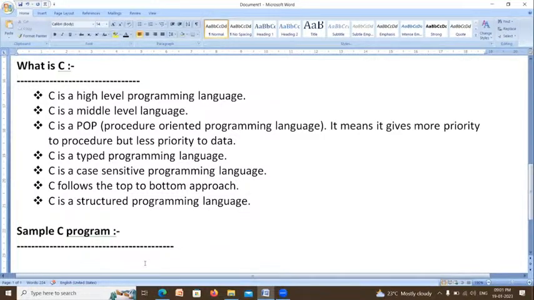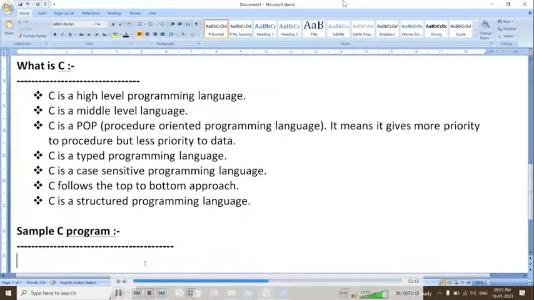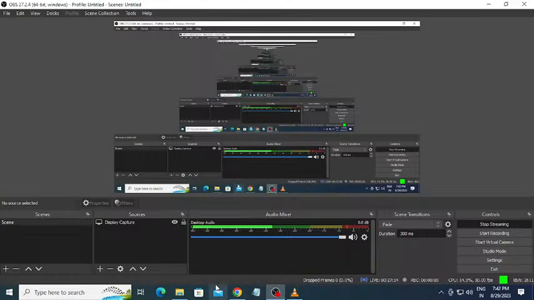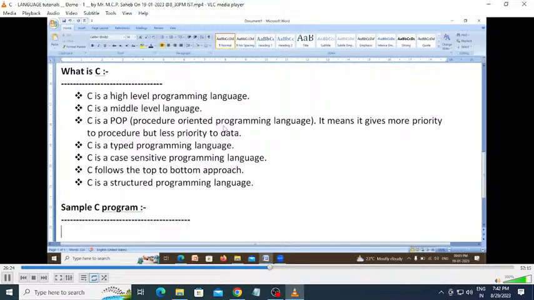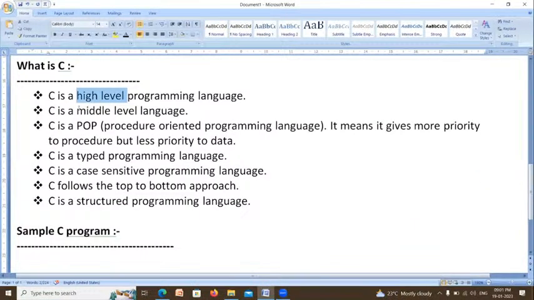Machine language is called low level language. But when we write the program using simple English words, those languages are called high level languages. C language supports the features of high level language as well as low level language. So it is called middle level language. Clear? Yes, sir. Good.